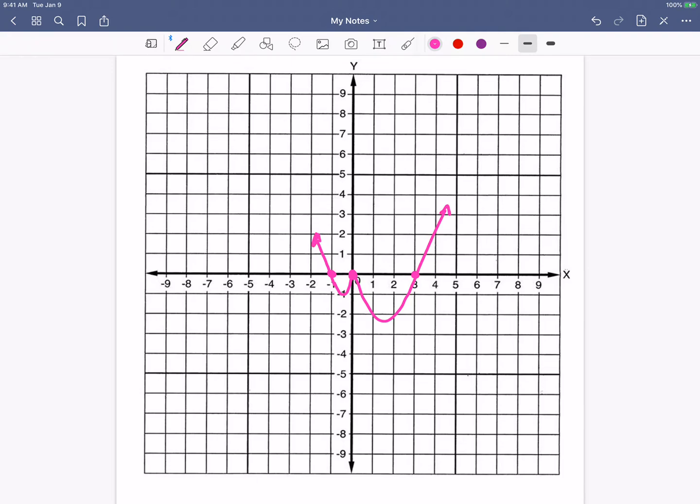Now, if you wanted, you can, of course, search for various points. I could look for points in between. For example, let me see at 1. So when x equals 1, I do the original equation, which is 1 to the 4th minus 2 times 1 cubed minus 3 times 1 squared.